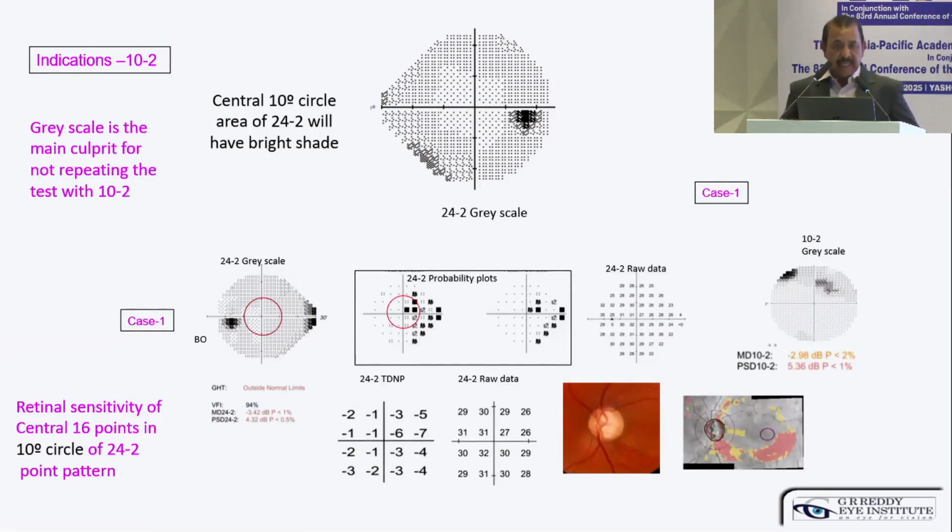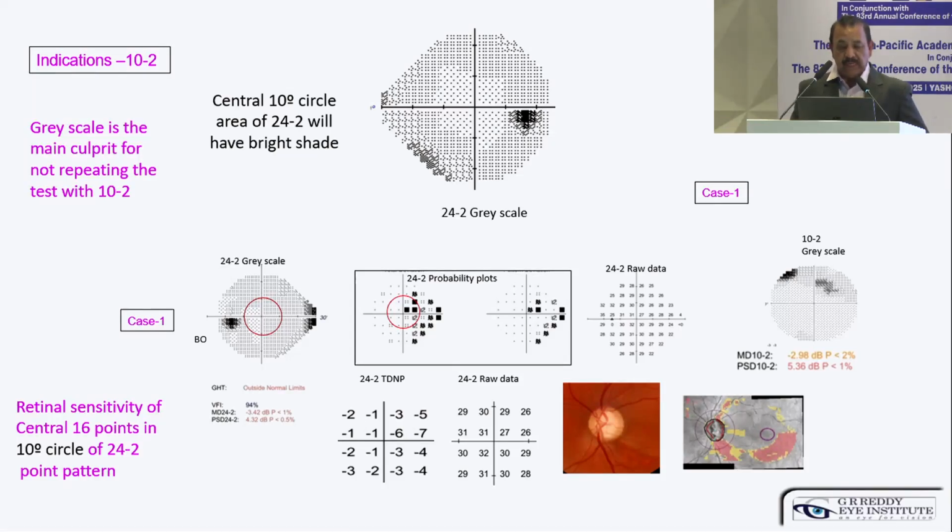Normally the grayscale within 10 degrees should be bright, because the sensitivity in the central points is around 38 to 40, and just outside 10 degrees it is around 30. Even though the central area loses 10 dB, there won't be any darkness in the central area. That is the main culprit. So losing brightness within the 10 degrees is an indication to repeat the test.